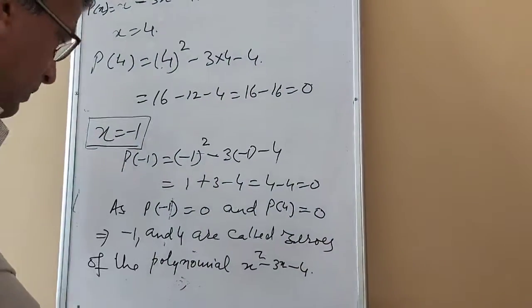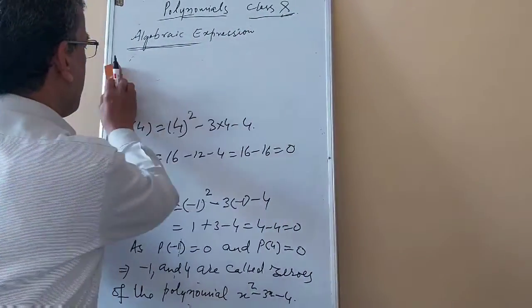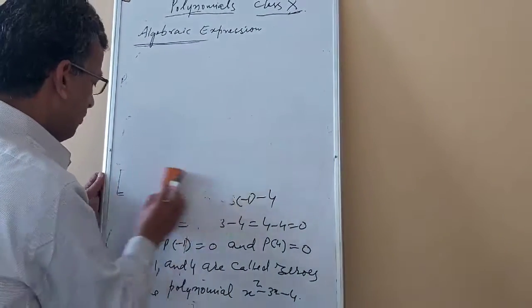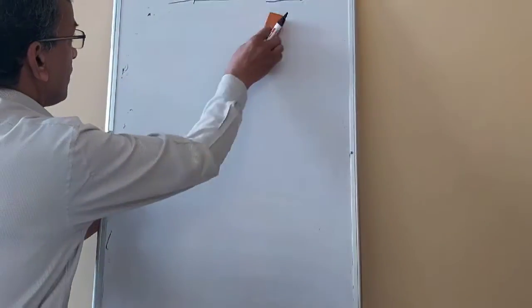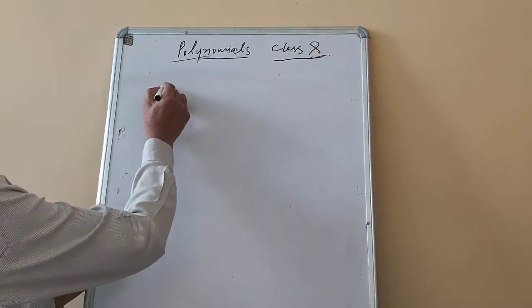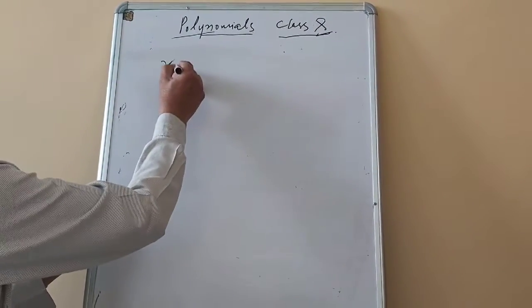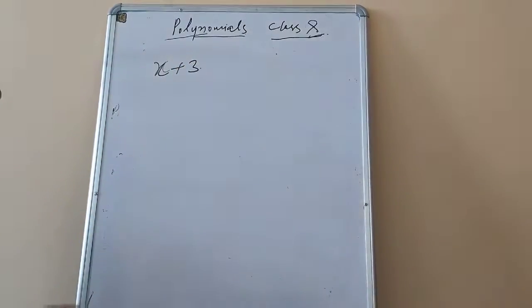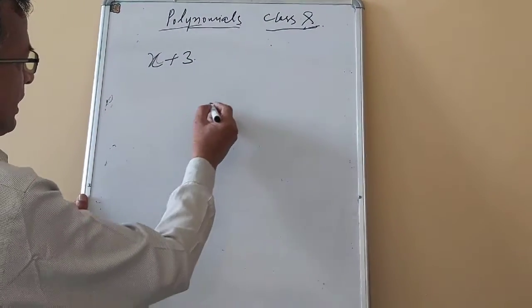Okay, there is one more thing I want to tell you. Geometrical representation of this. Say we have a polynomial x + 3. We have to show it geometrically.